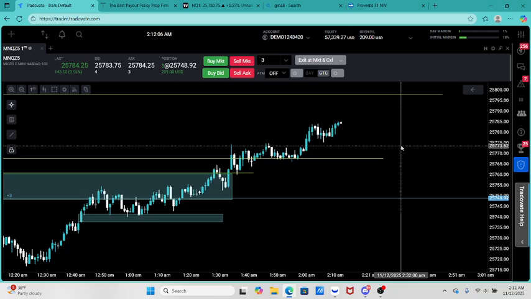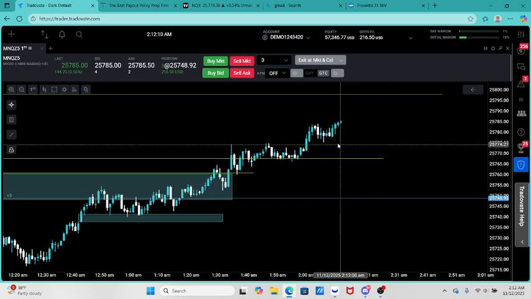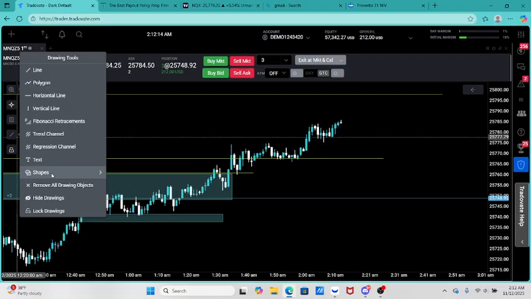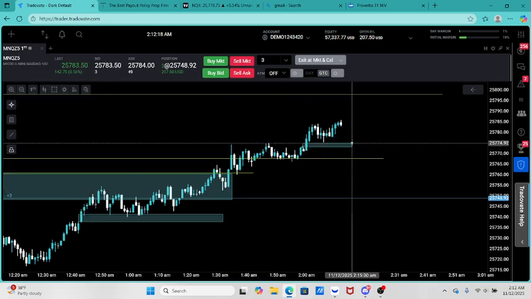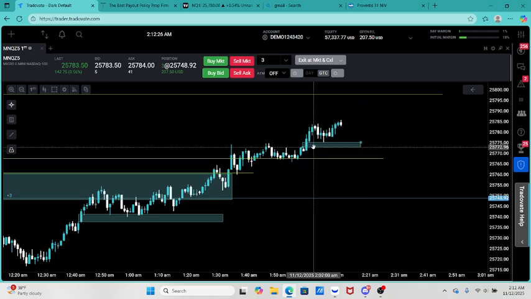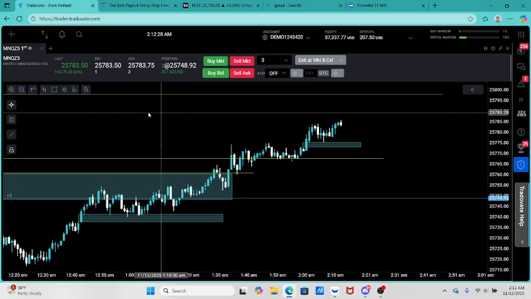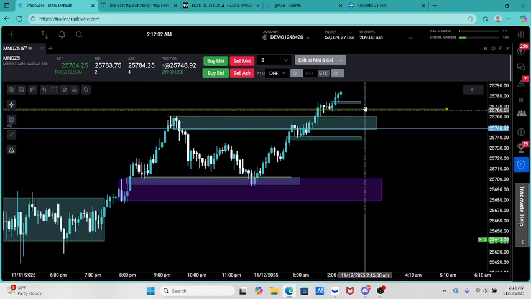All right, so price is looking nice. We've come down, we've rebalanced into this gap, and this is what you always want to look for: as price is moving up in the direction that you think it's going, does it respect your fair value gaps and your order blocks, especially on a higher time frame like your 5 minute.